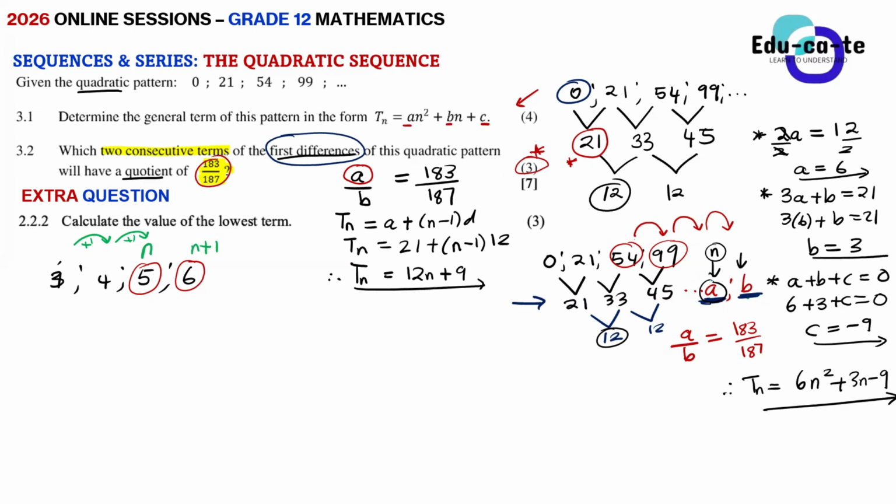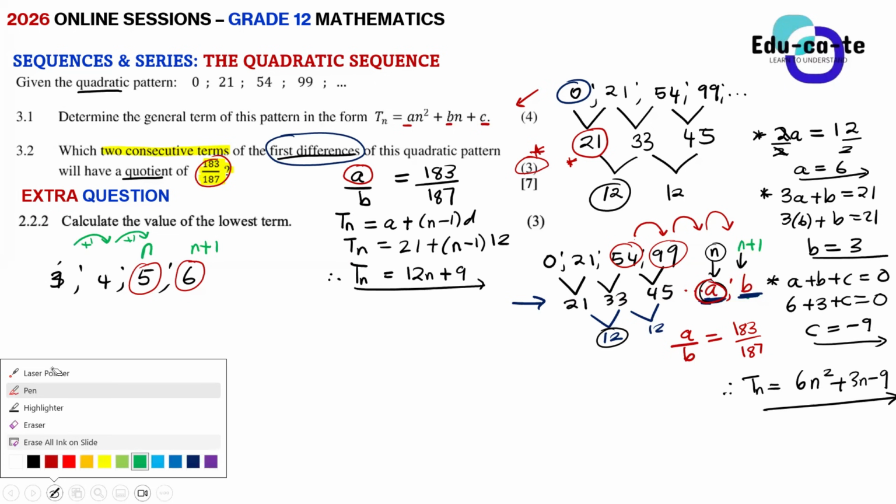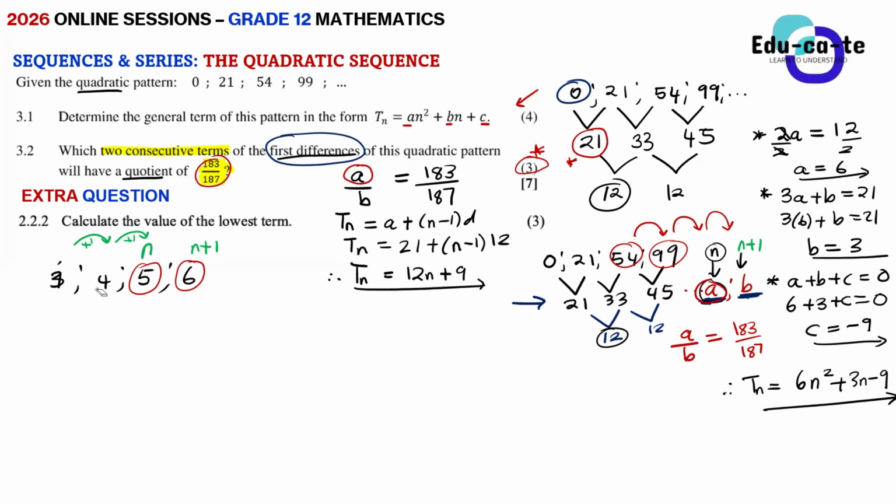So if the position of A in this first difference arithmetic sequence is n, it means the position of B, because we don't know it, we just use letters, must be n plus 1. Because they're following each other, because these terms are consecutive. So essentially that's how you need to work it out.